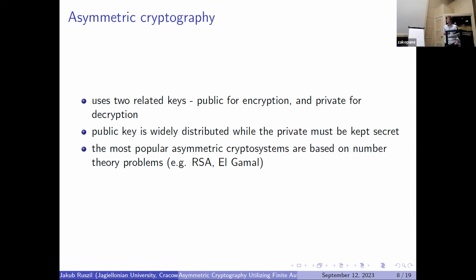So just a recap: asymmetric cryptography is a kind of cryptography that uses two related keys, the public one for encryption and the private one for decryption. Of course, the public key is widely distributed, while the private key must be kept secret. The third point is actually the most important for me, because while I was studying, the most popular asymmetric cryptosystems that we were learning were based on number theory problems.